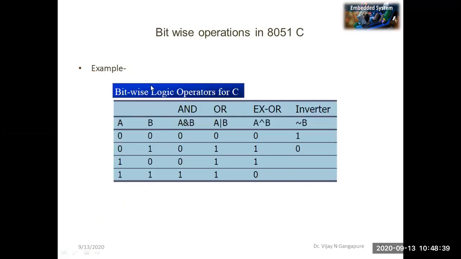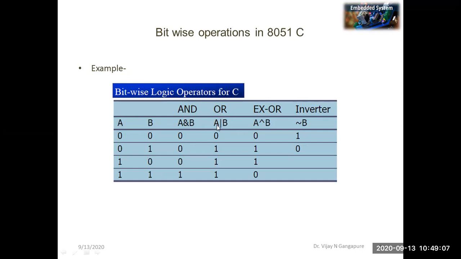So here is an example that illustrates how these bitwise logical operators operate when we use them in a program. For example, here A and B represent single bits. A ampersand B means bitwise AND operator, and the result is given here.